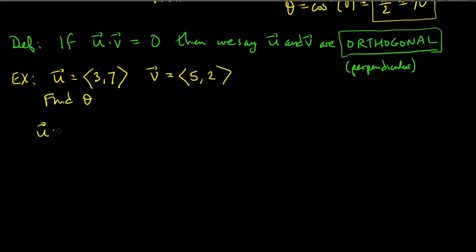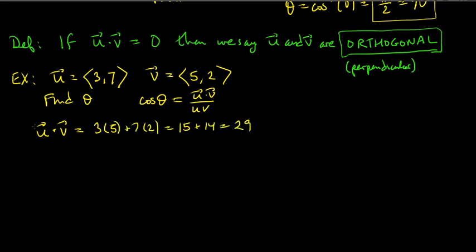Right. So we're going to use the same formula, of course, u dot v divided by u times v. So u dot v, of course, the dot product, is 3 times 5 plus 7 times 2. So 15 plus 14 is 29. And then the magnitude of u, or just u, is going to be the square root of 9 plus 49.